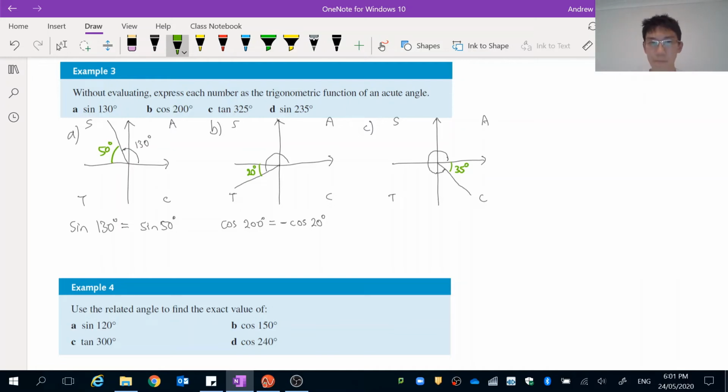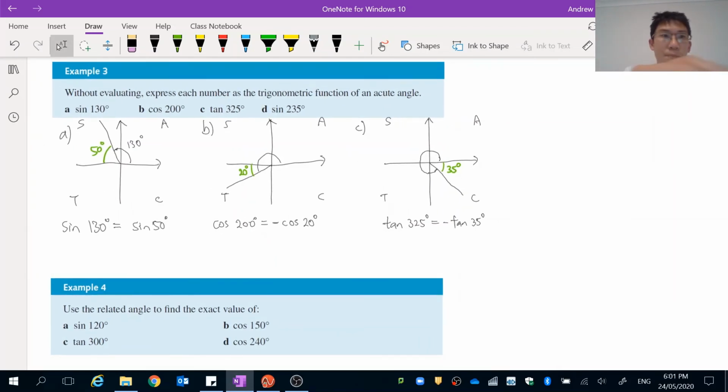Since we're in the C quadrant, any tan is going to be negative. So tan 325 is going to have the same value as tan 35, however, it'll just be negative. Hope you're seeing some patterns now.